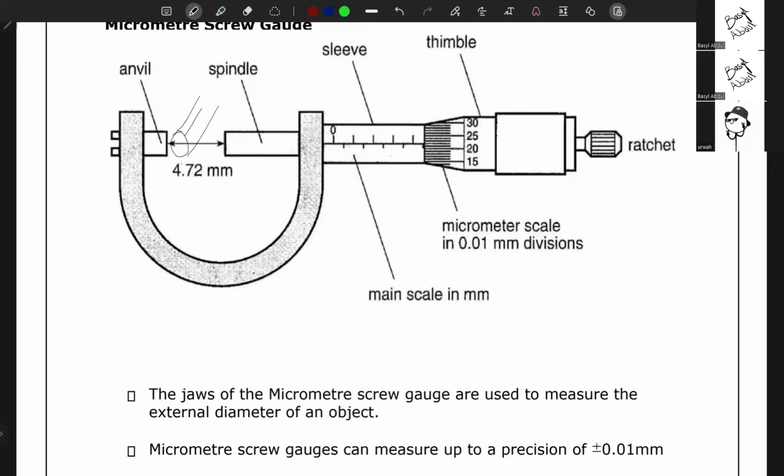It is also movable. You turn it until you hear a noise, basically. So it will click, and then the spindle and the object would be locked together, right? You can say that a grip would be formed between the spindle and the wire.